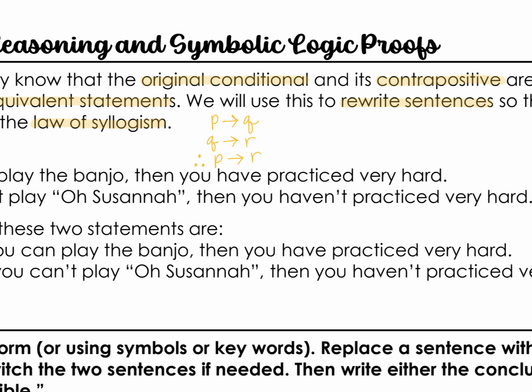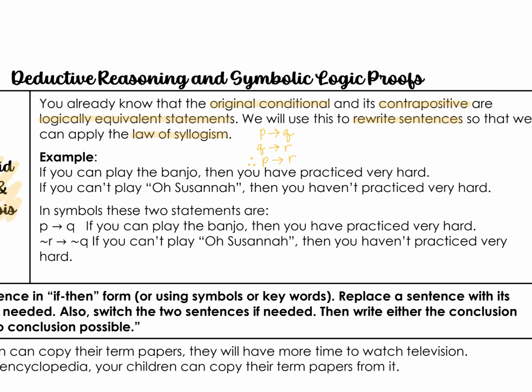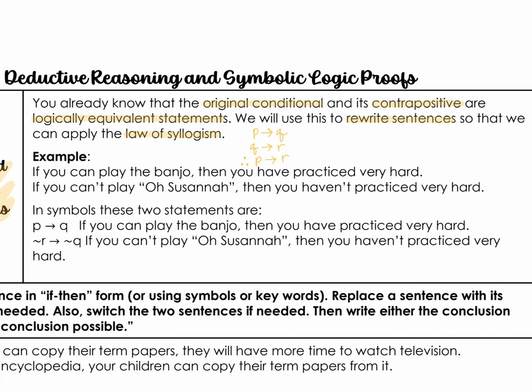Moving on to the example we have down below. If you can play the banjo, then you have practiced very hard. If you can't play O Susanna, then you haven't practiced very hard. So it doesn't quite right off the bat look like we have something in common.